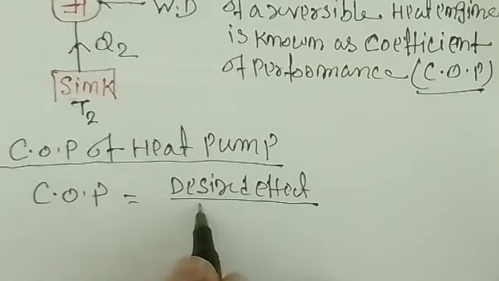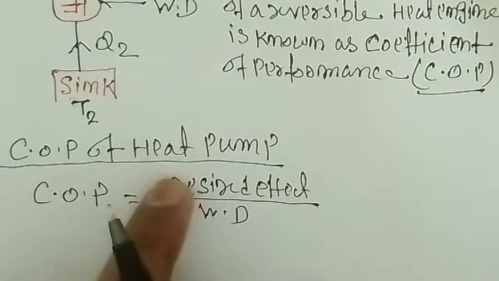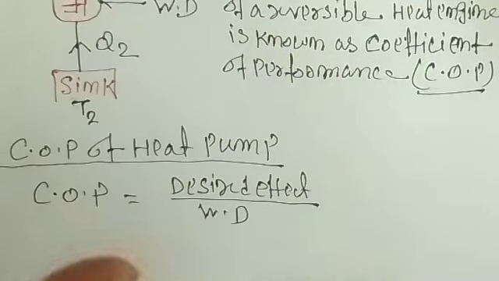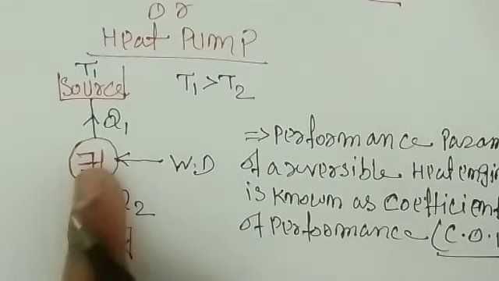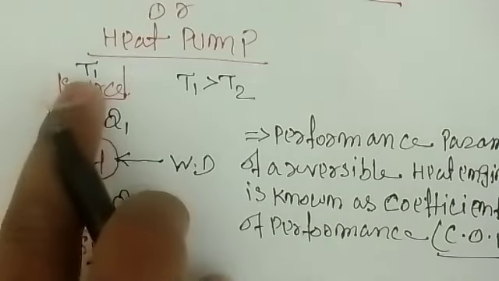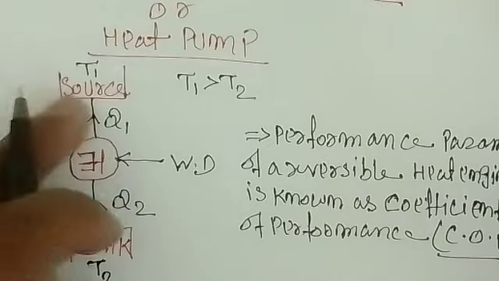by work done. Actually the COP is the same as output by input, but output is what? The output is that you have to heat the system, and the input is that you are giving work to the system, then only the system will do the work. If you don't supply work to the system, then heat cannot flow from the lower body to the higher body. So here the work done is the input and your heating capacity is the output.